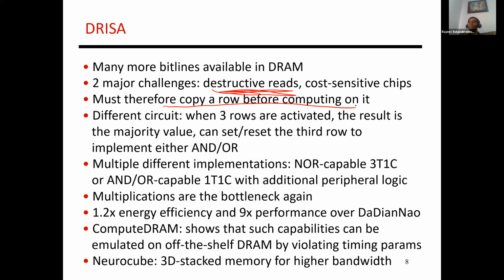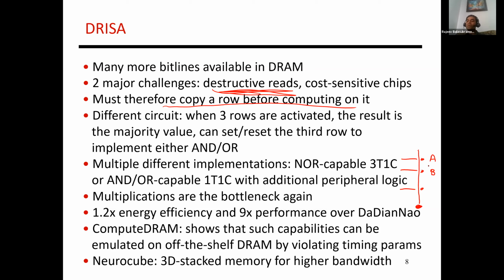So in DRAM, just as with the SRAM case, you're activating multiple rows. In the case of DRAM, there are 3 word lines that are activated, right? So there are 3 cells in every column that are going to be connected to that particular bit line. And the value being sensed over here is the majority of those 3 values. Okay, so you can basically put operand A over here, operand B over here, and the third row can be either all ones or all zeros, right?